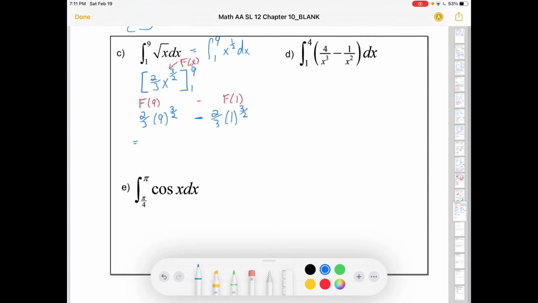I threw this one in here to make sure that we remembered how to deal with fractional exponents. 9 to the 3 over 2 means square root of 9, which is 3. Then cube it, so that is 27. And 1 to the power of anything is just 1. So this would be 54 over 3 minus 2 over 3, or 52 over 3 when we're done.